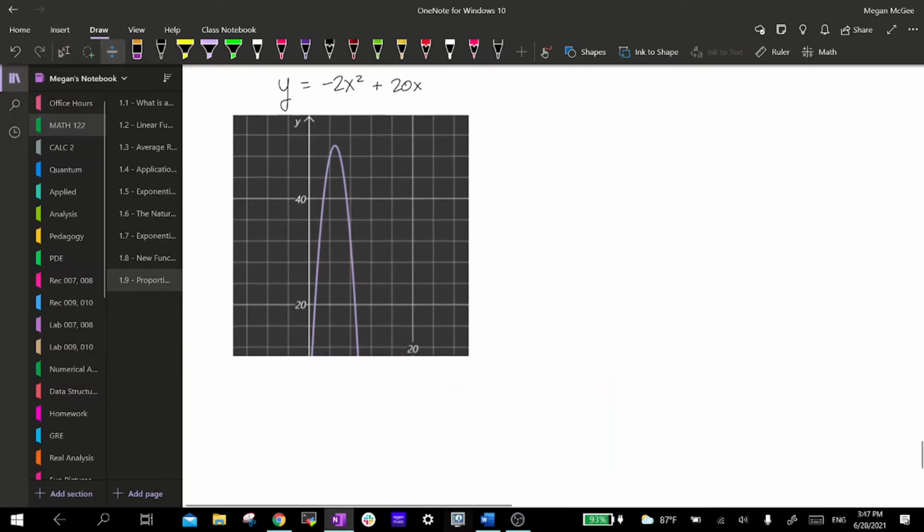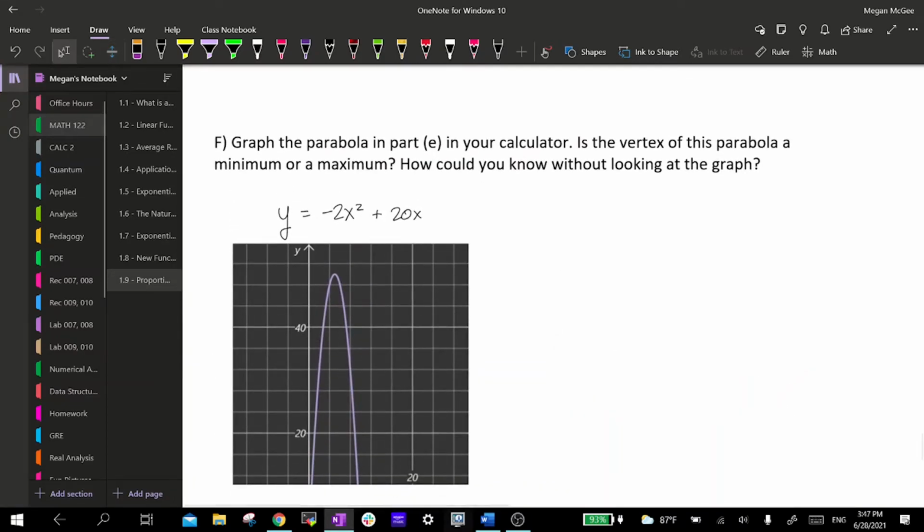All right, let's move this down a little bit more. So we have a parabola. Is the vertex of this parabola a minimum or a maximum? So this is our vertex of our downwards facing parabola. If it's a minimum, it means it's the smallest number that the parabola ever attains. If it's a maximum, it means it's the largest number that the parabola ever attains.